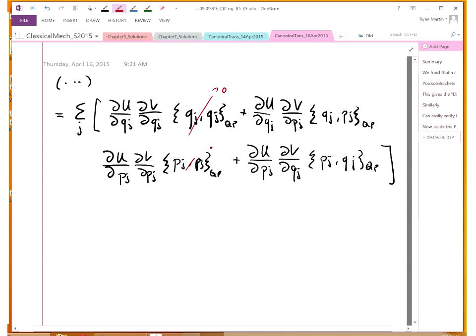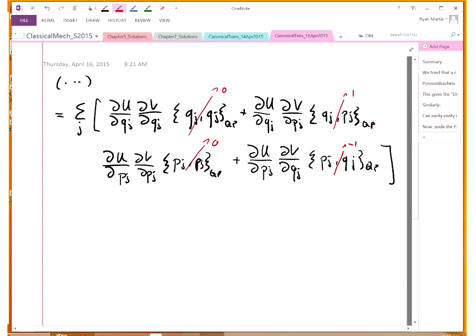All right, so we're almost there now. We've actually already pointed out that the term q_j with q_j is 0. The term with p_j and p_j is also 0. I didn't really need to write it out. The q_j with p_j is equal to 1, and p_j with q_j is equal to minus 1.